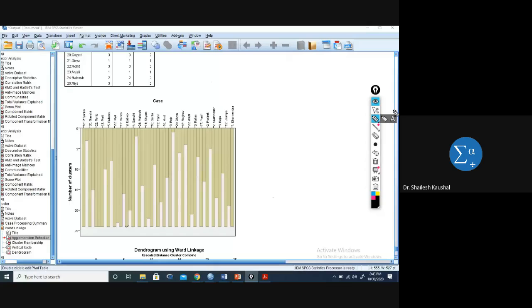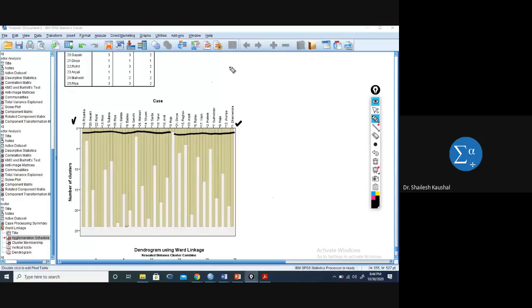If I want to divide the total population, here 1 to 18, if I divide into 2, this is the division part, and the rest of the people will come in this cluster.